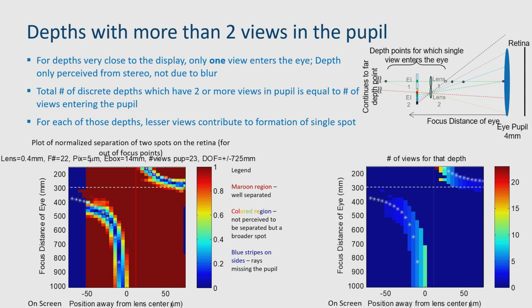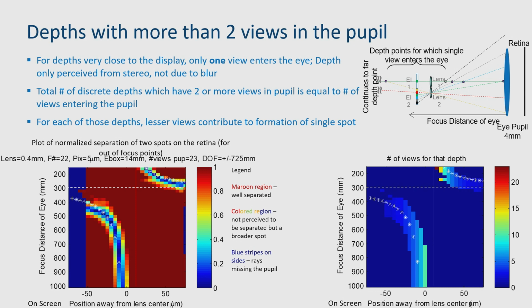This is a plot of normalized separation between the 2 spots on the retina, and these are out-of-focus spots. I'm assuming that the eye has an in-focus spot and an out-of-focus spot landing on the fovea at the same time. An in-focus spot is formed by some other lens and ray combination, and this is just the out-of-focus spot.